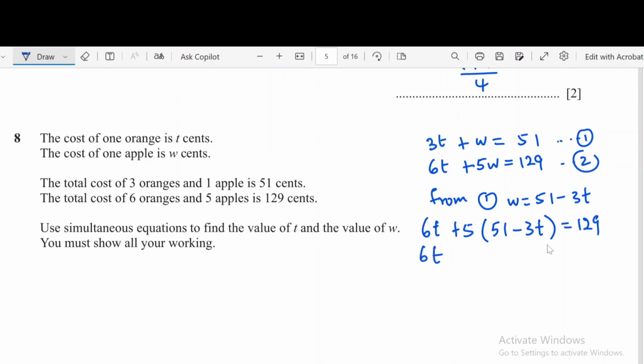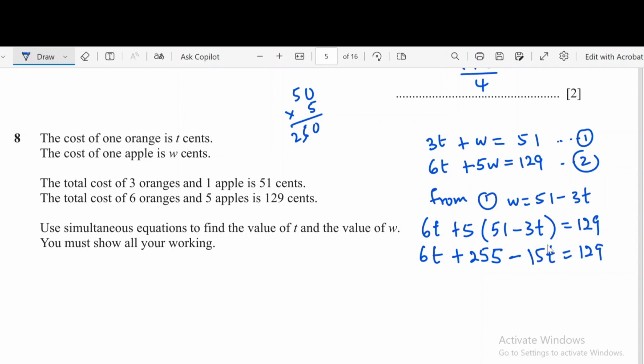So I have 5 times 51. 5 times 50 is 250. 5 times 1 is 5. So I have 255 here. 5 times minus 3 is minus 15T equals 129.